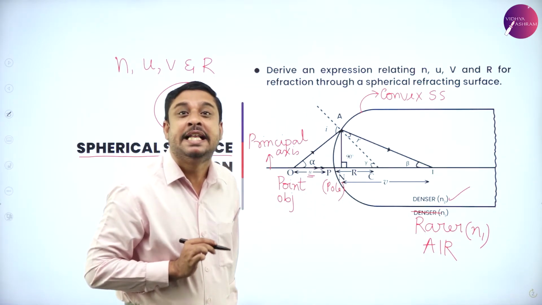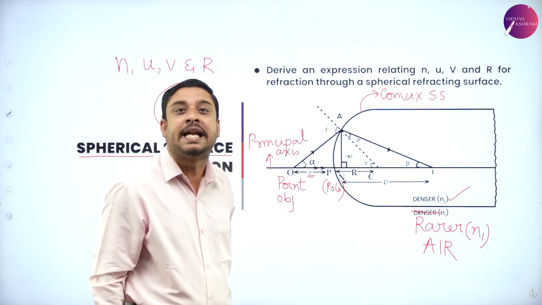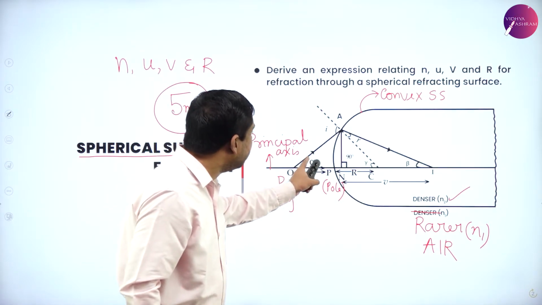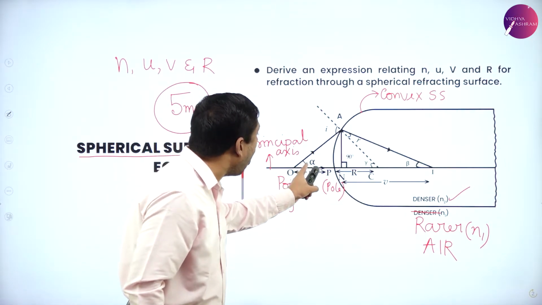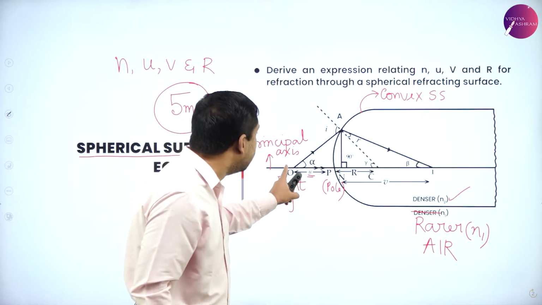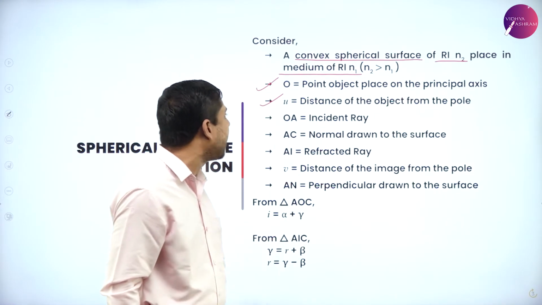The center of the refracting surface is called the pole. So u is the distance between the object and the pole of the surface.